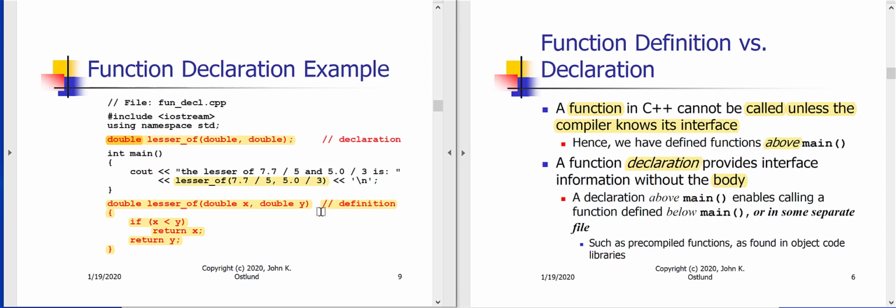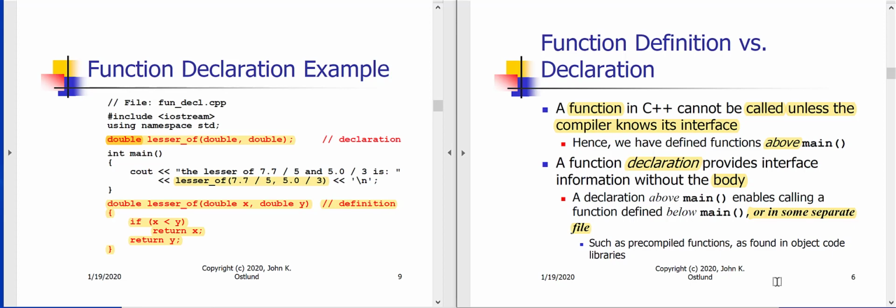Now, the critical thing here actually is in a large working program, this lesser of function that we're calling may be defined in a completely separate file. Okay, so lesser of's definition may be in some completely separate file. It may, for that matter, be in some completely separate precompiled library of code that perhaps we downloaded from the web or bought from some third-party company.